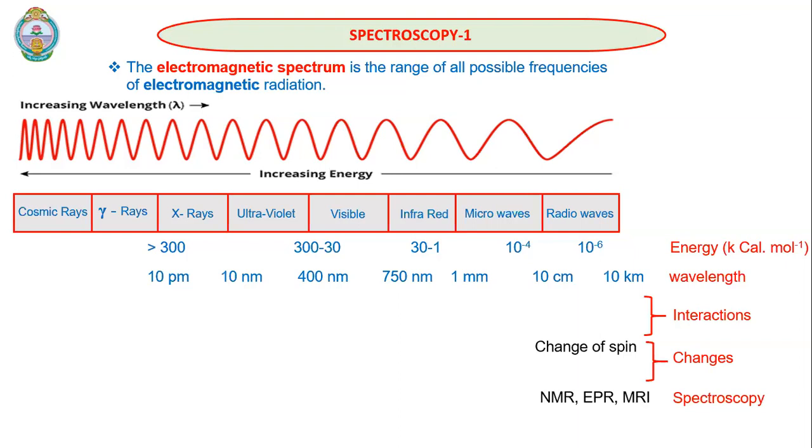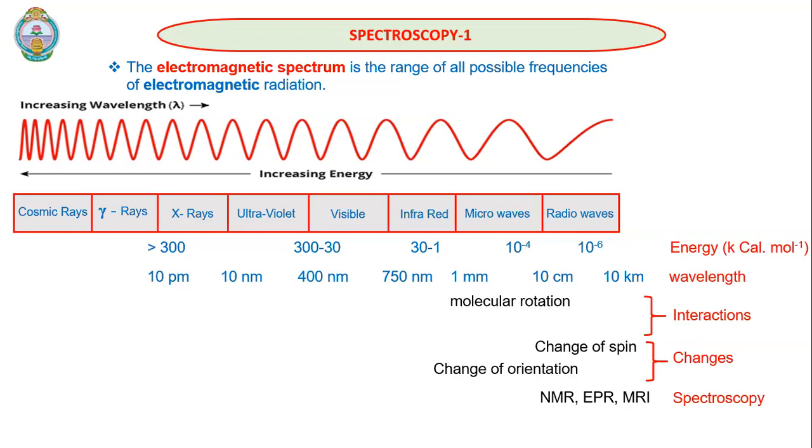We use NMR, nuclear magnetic resonance spectroscopy, and EPR, electron paramagnetic resonance spectroscopy, which we also call ESR, electron spin resonance spectroscopy. The medical application of resonance spectroscopy is MRI, magnetic resonance imaging, which these days all doctors prefer, and which gives an image of the body.